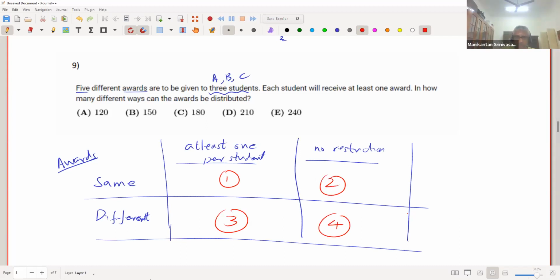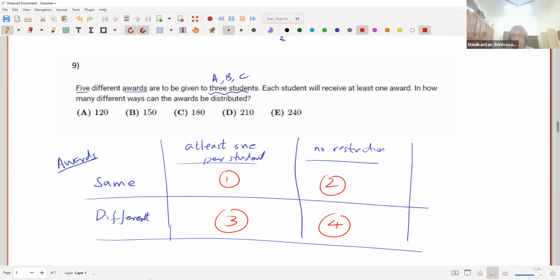First of all, can you read this original question and tell me which case this problem corresponds to? 1, 2, 3 or 4? Case number 3. Correct. Case number 3 is this original question. But before discussing this question, let's do case 1 and case 2 first, and then we will come to case 3.